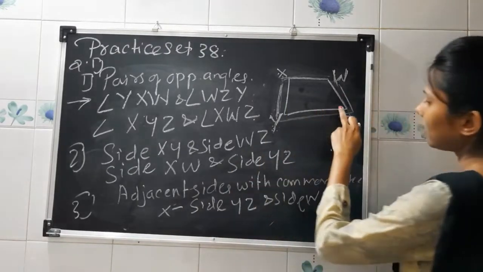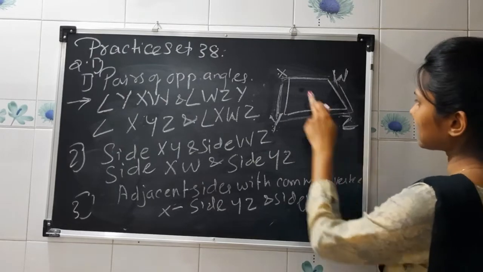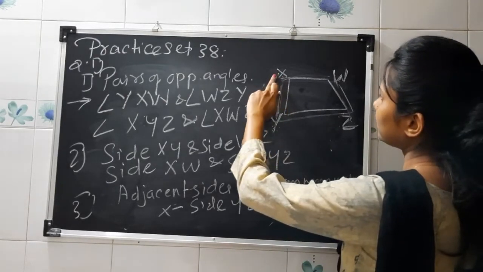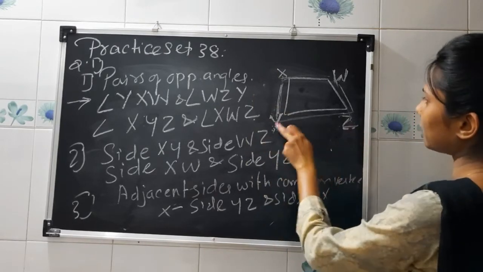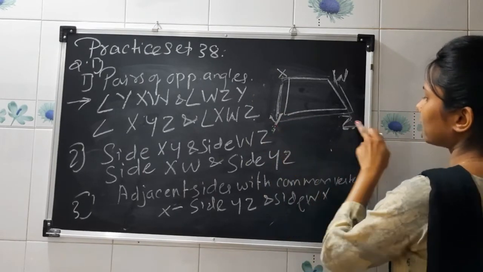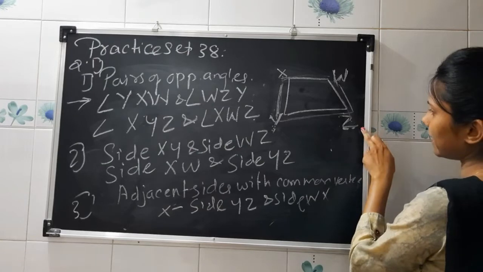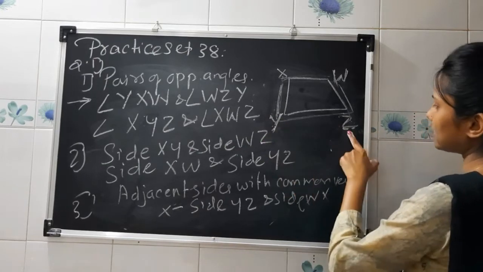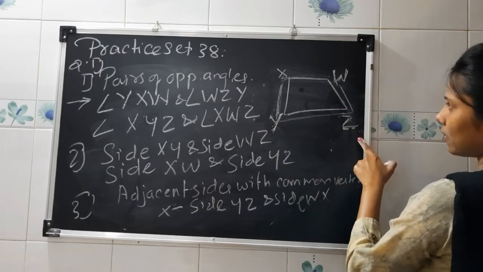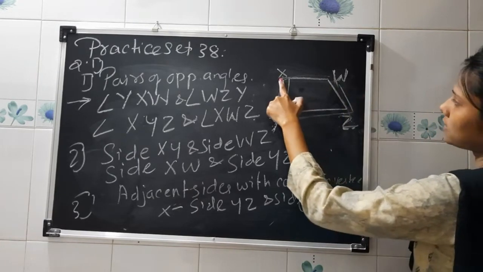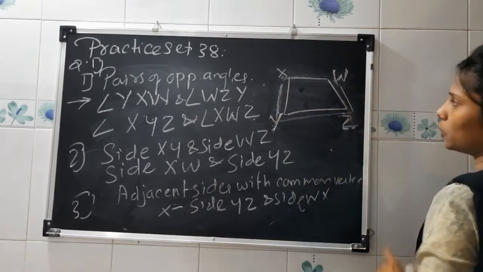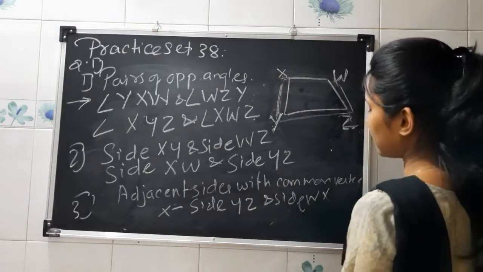Then taking the common vertex as Y, you can write XY and ZY. Again, taking common vertex Z, you can write side YZ and WZ. Then taking common vertex W, side XW and ZW. So you can write in this way.